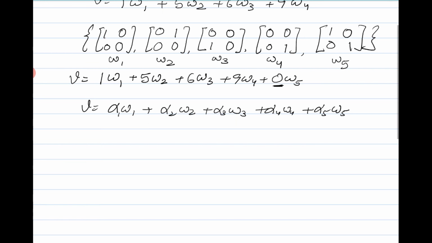Okay, so what I get is alpha 1 plus alpha 5 to be equal to 1.